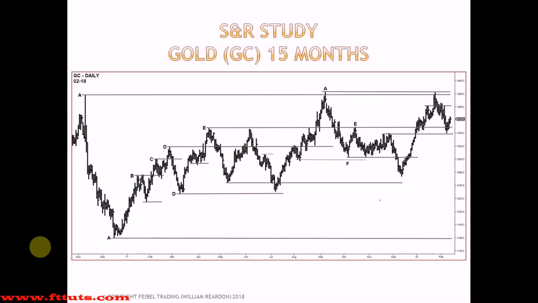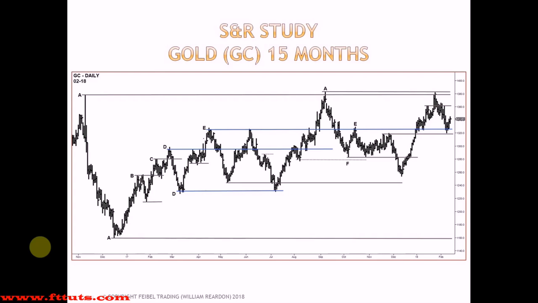Now we're heading towards the advanced construction of support and resistance, you know, the nuances. So here, the blue lines is where I would draw the support and resistance levels, as it contains price.